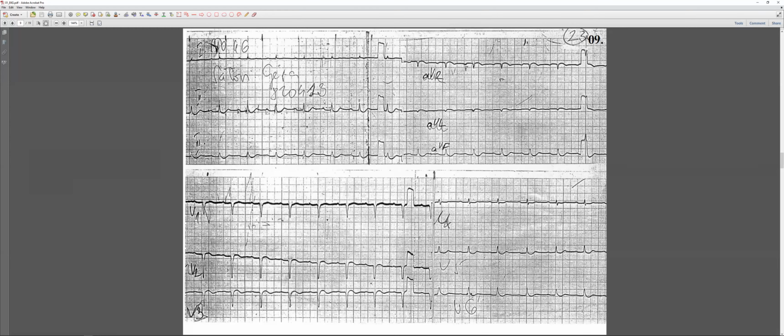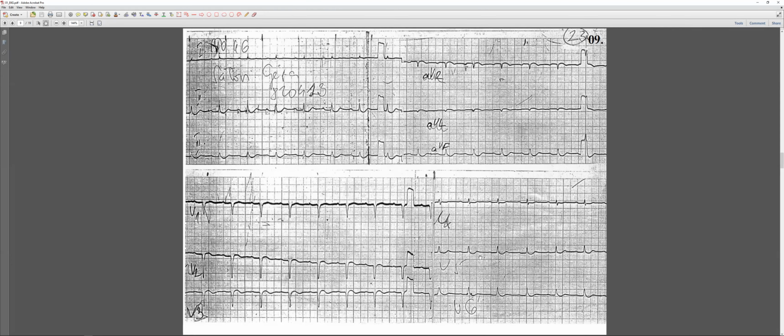Very good. Okay, and look at the ST segment on the left side. So I see this T is kind of inverted. Look at the ST segment on the left side on V5, V6, or leads II, III, aVF, aVL.